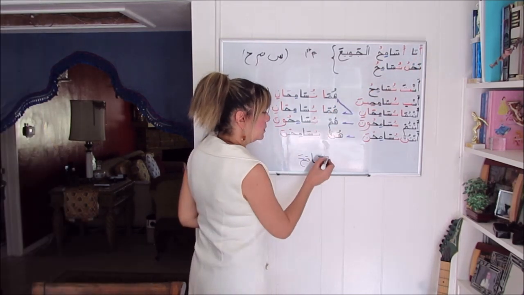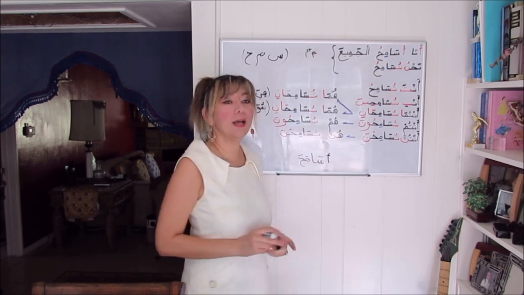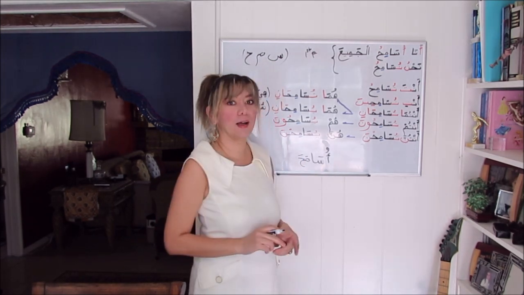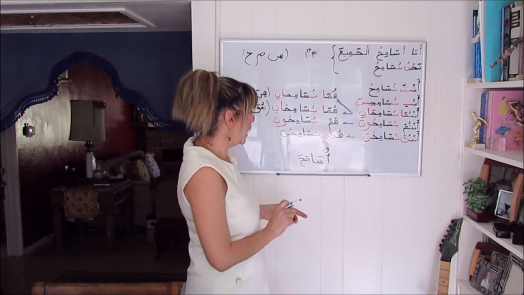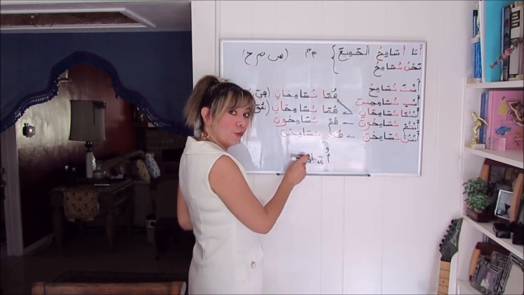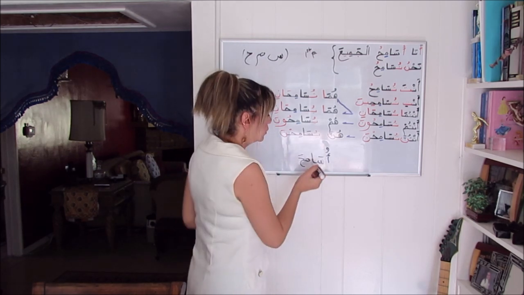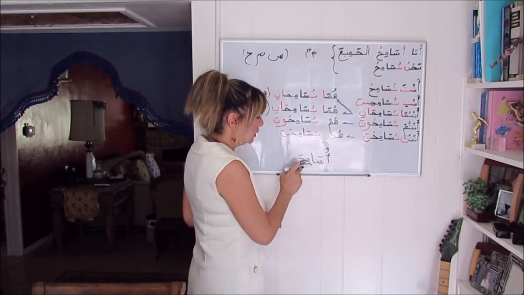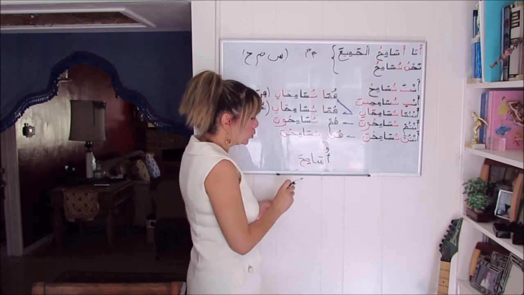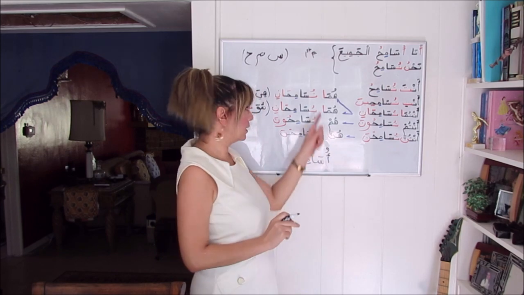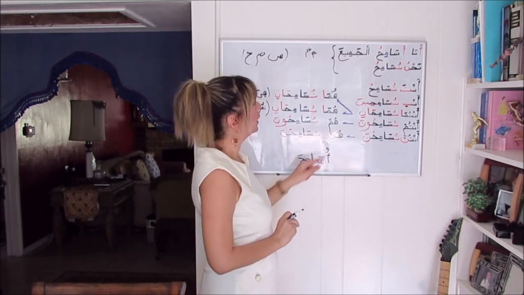So we have the hamza followed by the short vowel damma, usa, mi. And we have changed the fatha of the middle radical to kasra. And this is going to repeat within each subject pronoun, as you will see later.